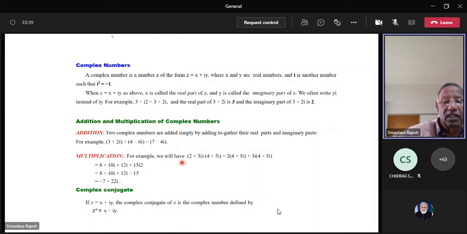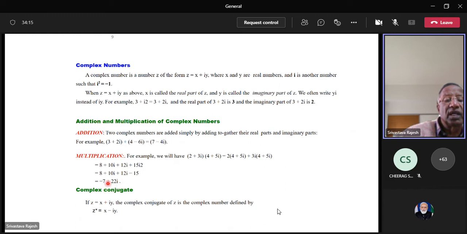In the multiplication, for example, 2 plus 3i into 4 plus 5i, you multiply 2 first with this, so 2 into 4 plus 5i, and then 3i times 4 plus 5i. So it becomes 8 plus 10i plus 12i here, and then 15i square, which is then minus 15. So finally minus 7 plus 20i.